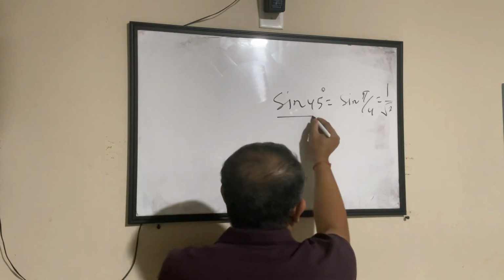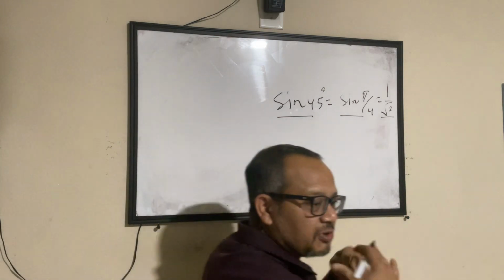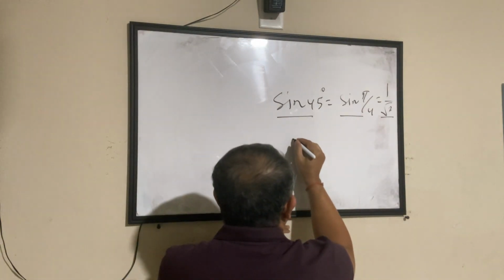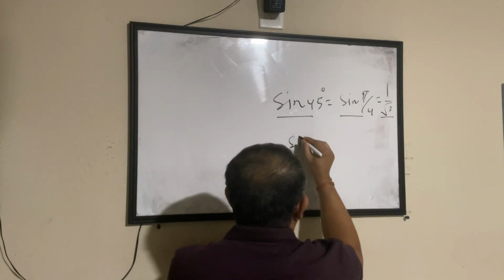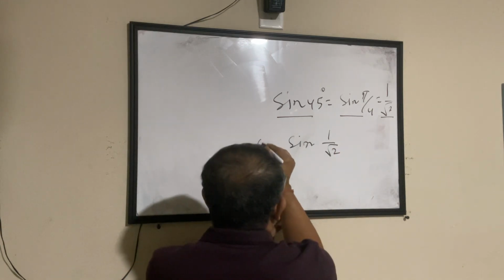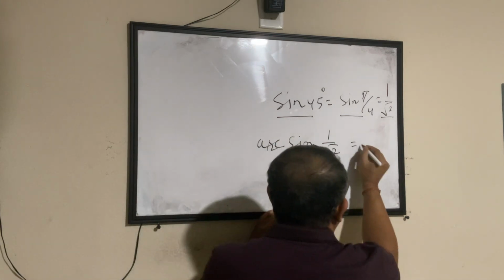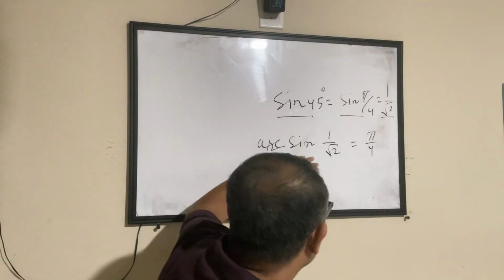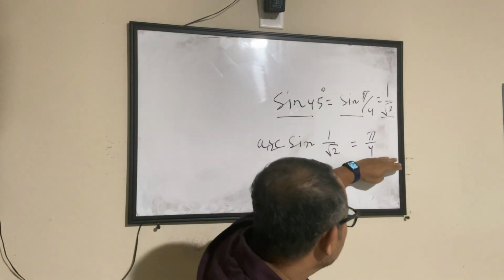Now, when sine of 45 degree, or sine of pi by 4, is 1 by root 2, the question can be framed differently, where they will say, find out what angle has a sine of 1 by root 2. The inverse of sine, which is called arc sine, of 1 by root 2, you will say this is pi by 4. So you are given a value of sine, and you have to derive the angle.